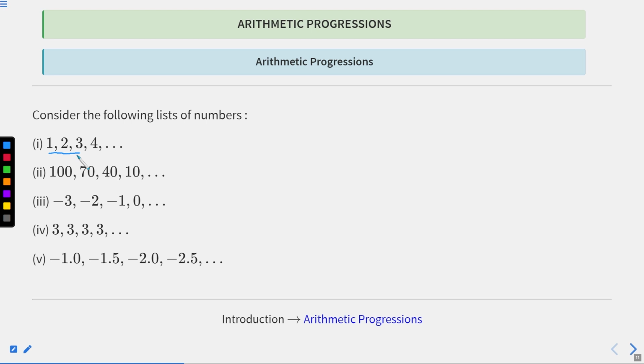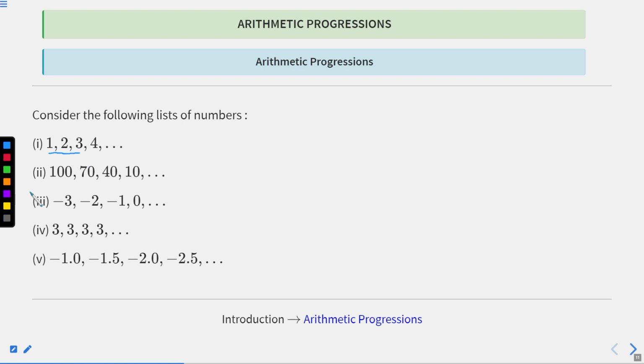Here you can see the second term is obtained by adding 1 to the first term, and the third term is obtained by adding the positive number 1 to the second term. So the difference between two consecutive integers is always 1.